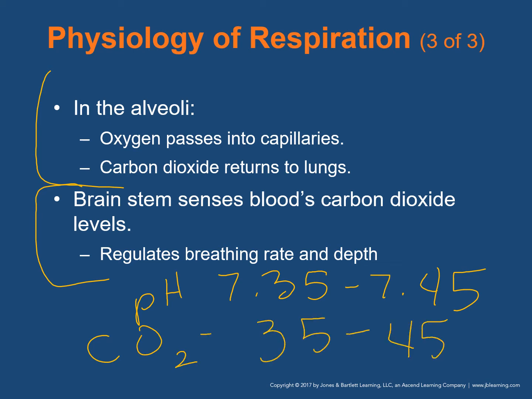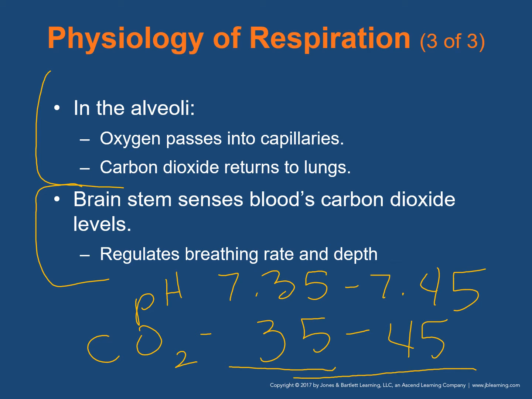It's pretty easy to remember these because the 35 and the 45 are the same numbers. The brainstem regulates our rate of respiration based on our carbon dioxide levels. If our carbon dioxide levels fall below 35, because we're breathing out carbon dioxide, our brain tells our respiratory center to slow down so that we blow out less carbon dioxide and are able to get back into this level.